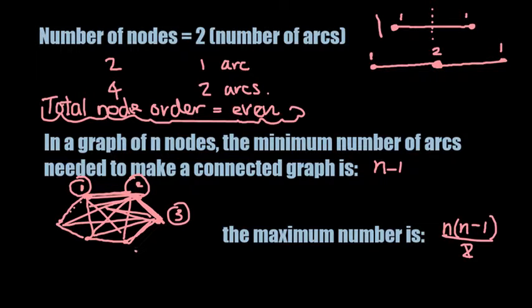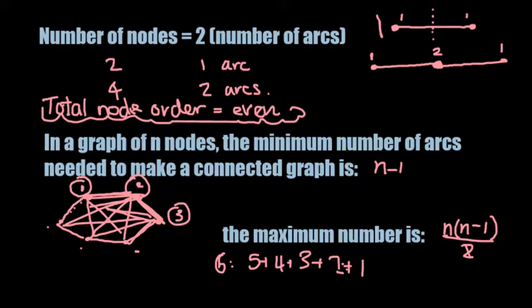This one I've got 2, and this one doesn't have any. So I end up with a little sum, in this case for 6 nodes, 5 and 4 and 3, 2 and 1 would be the total number of arcs in that network. Again, there's a couple of really nice proofs for this. I'd suggest you go away and have a think about them.